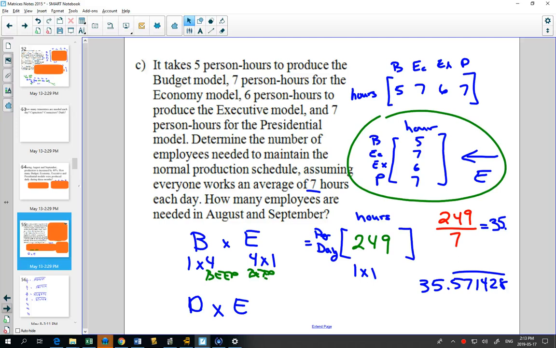Again, the beauty of this is how many calculations were done at once, and how the matrices could simplify that to get us answers that make sense right away. So I know I need 249 hours per day, and I need to hire 36 workers.